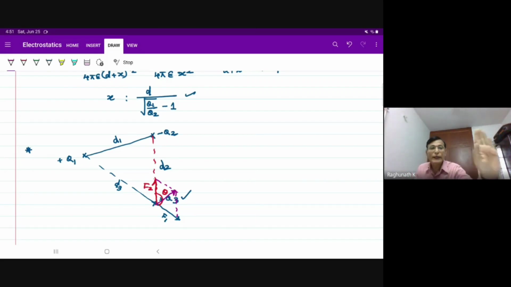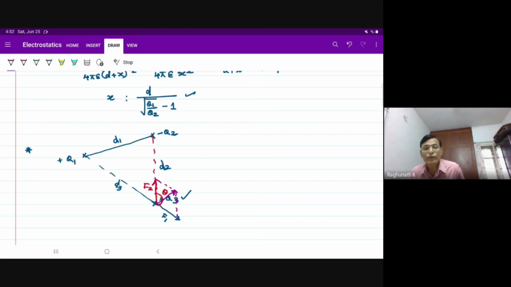I should look at the signs, the polarities of the charges, compute the force using the scalar law, keep it in the given direction, know the angle between these two forces, and compute the magnitude and direction using the parallelogram law of vectors. The magnitude is root of F1 squared plus F2 squared plus 2 F1 F2 cos theta.